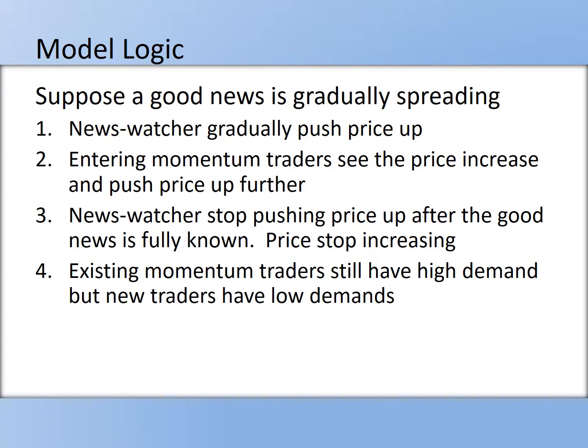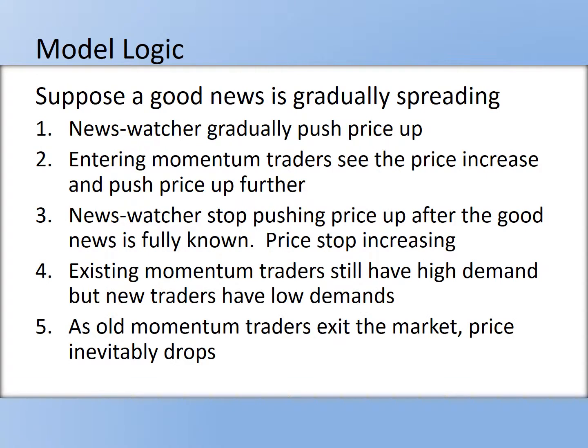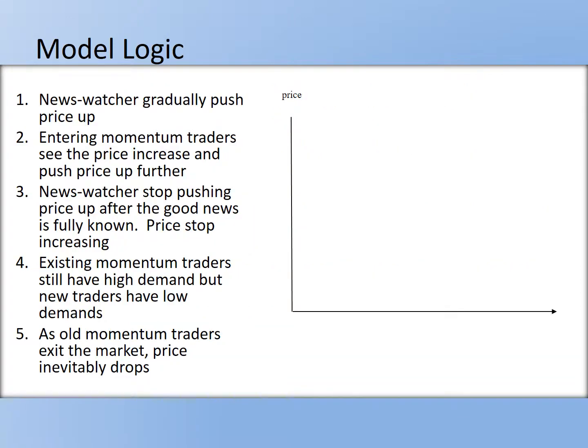And then at some point, existing momentum traders still have high demand, but new traders have low demand, and they would eventually exit. So the price should go back down. Okay, so we're going to use these 5 points to draw a diagram. All right. So how should the diagram look?